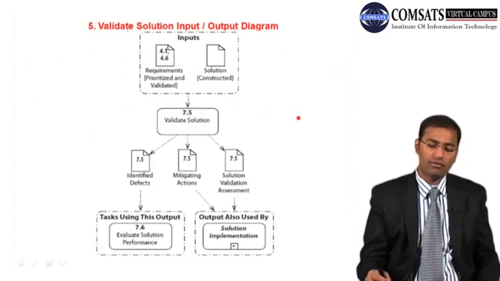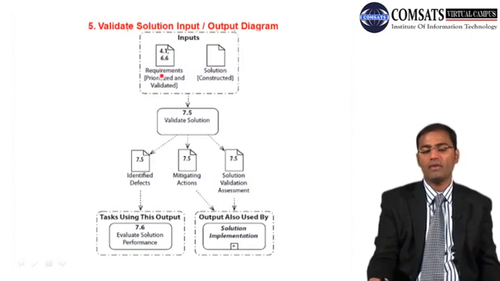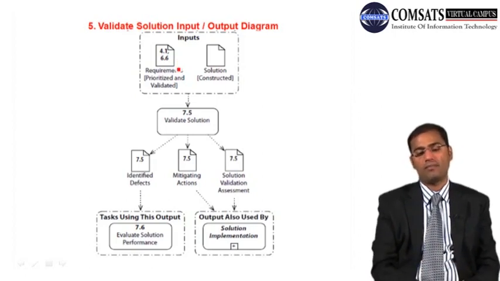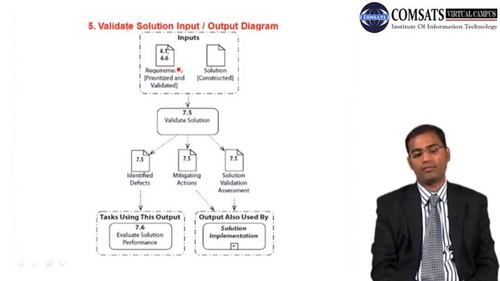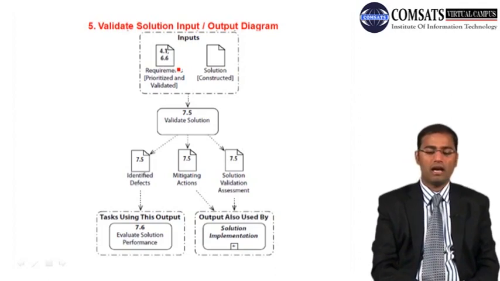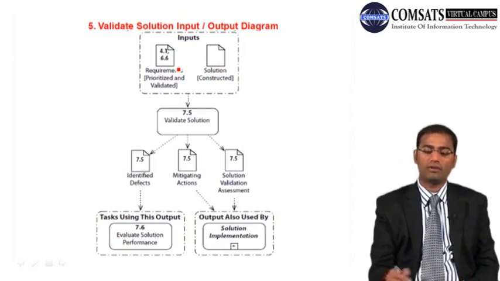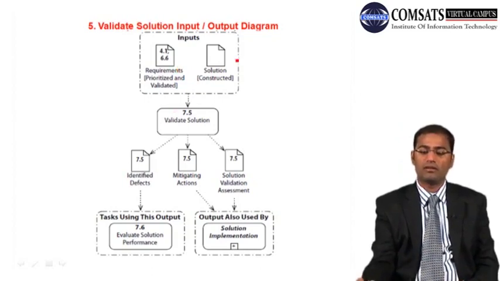सो दीज आर इनपुट्स एंड नाउ वी विल हैव input output diagram. Over there we are having requirements validated and prioritized, and we have requirements prioritized through requirements management and communication, and then we are having 6 task output, that is requirements validated, and then we are having a solution constructed as input.